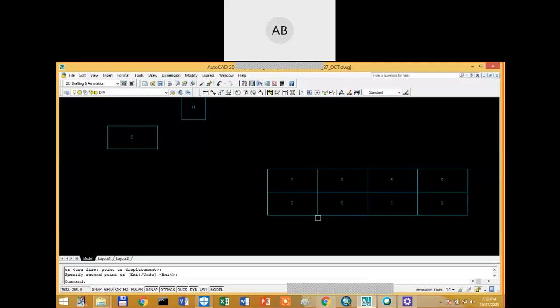There should not be a continuous overlapping. This is the line of overlapping along the vertical axis. So it should not be a continuous overlapping. That means you should not align this joint along the vertical axis.